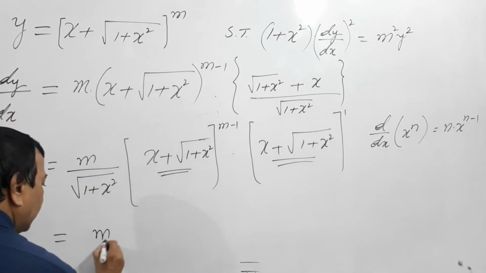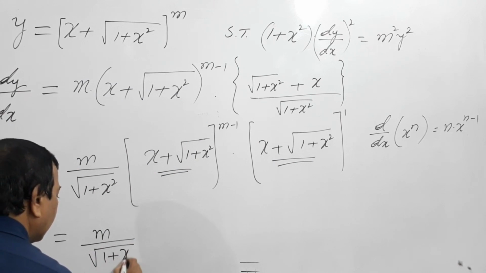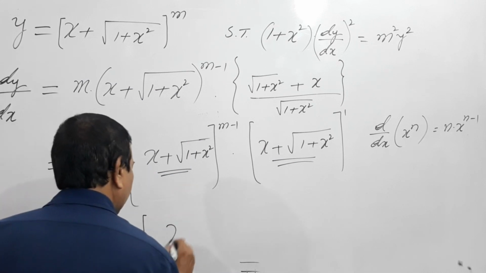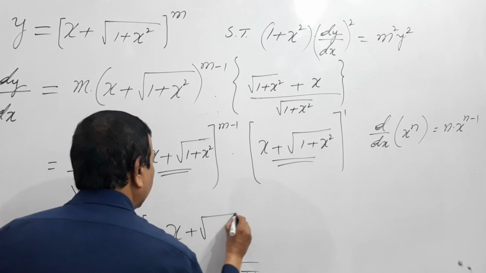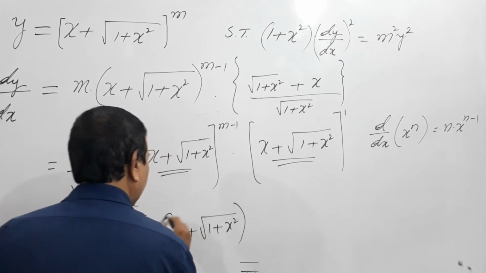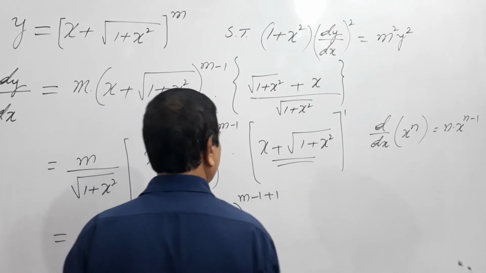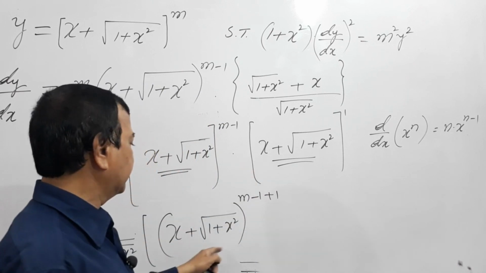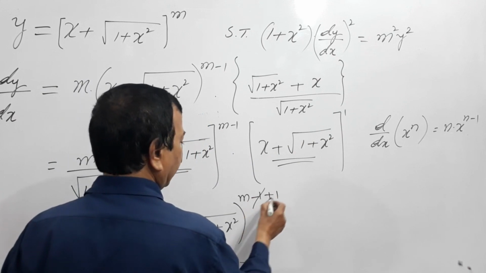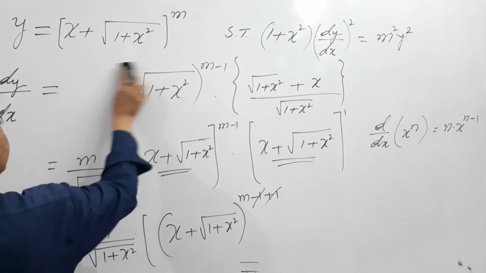This becomes m by under the root 1 plus x square, into x plus under the root 1 plus x square, to the power of m minus 1 plus 1. The bases are the same, add the indices, m minus 1 plus 1. So minus 1 plus 1 cancels.